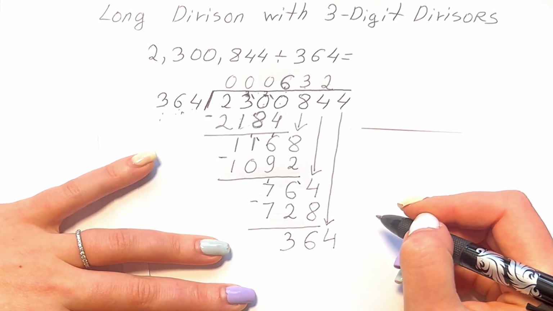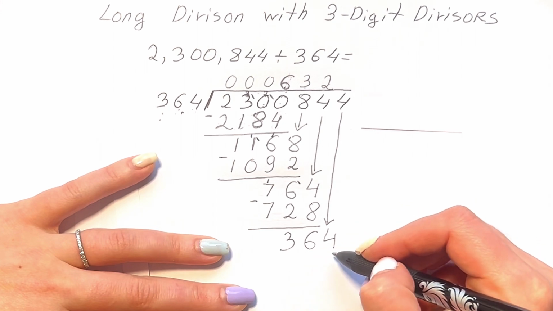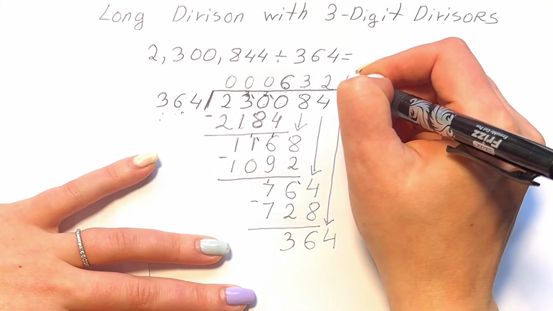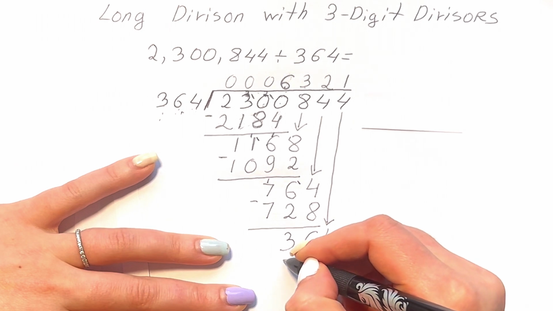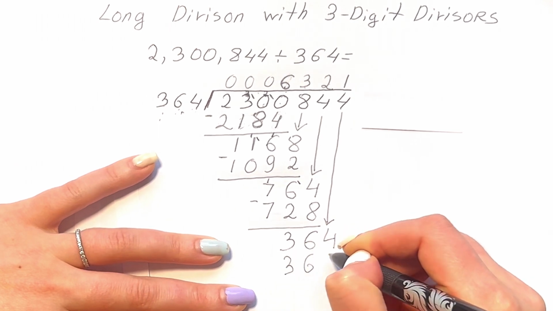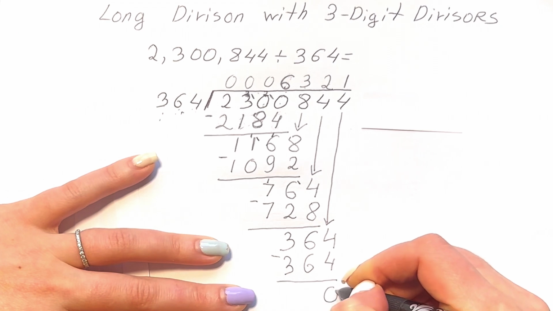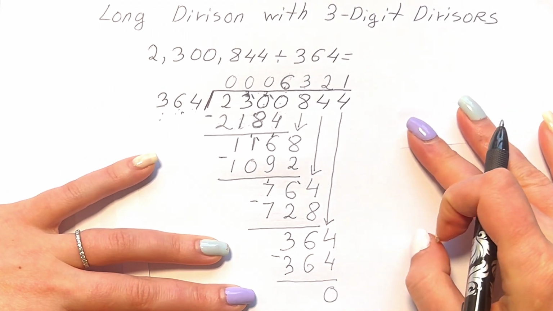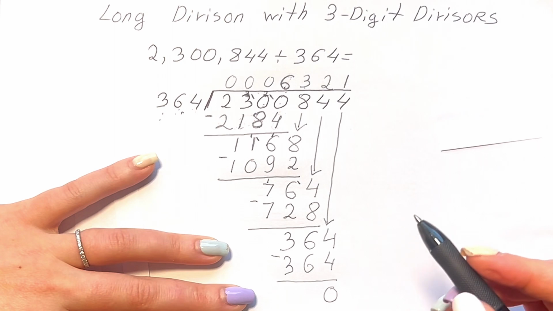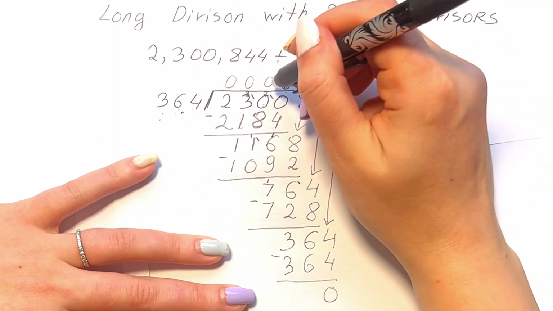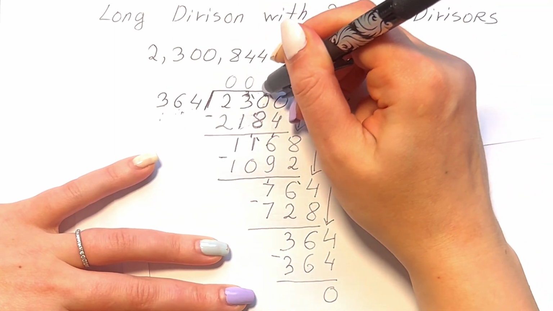Okay, 364 goes to 364 1 time. 1 times 364 is 364. We will subtract and get the remainder, which is 0. So let's erase the zeros in the front of our answer.